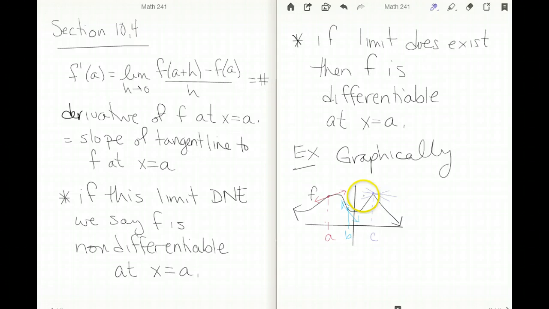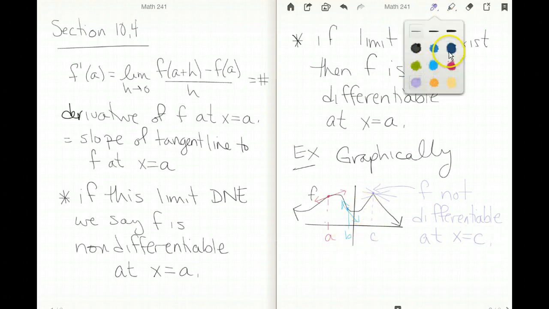Since we can't figure out how the tangent line should look, we don't know what its slope would be, and that's the difference in all of these lines: their slopes are all different. So at that place right there, we say f is not differentiable at C, at x equals C. And that's true in general.